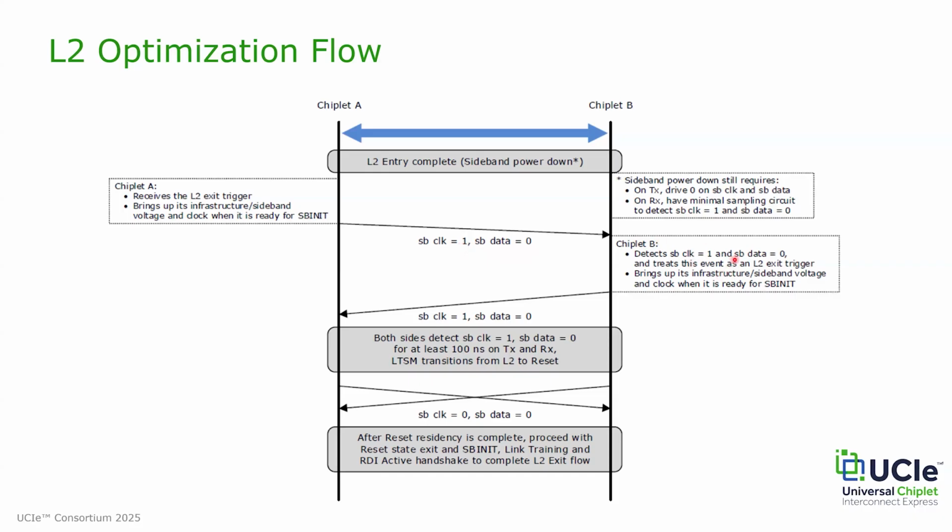It brings up the rest of the sideband, and whenever it is ready to do the sideband initialization, it indicates that it is also ready to wake up by pulling up the sideband clock to a 1. Then about 100 nanoseconds or so later, both sides pull it to 0, and then they are ready to do the link initialization, right? So off they go. Again, a small change using existing wires, no new wires, and we just get more power savings.